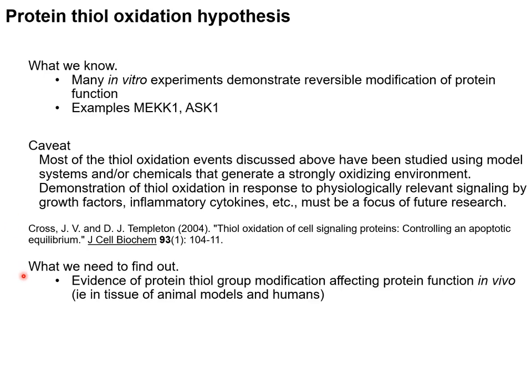So certainly one of the things that we need to find out is that we need to find more evidence that protein thiol group modification is actually occurring in vivo. In other words, in the tissue of animal models and humans. And to discuss that, I want to give you some examples from our research.